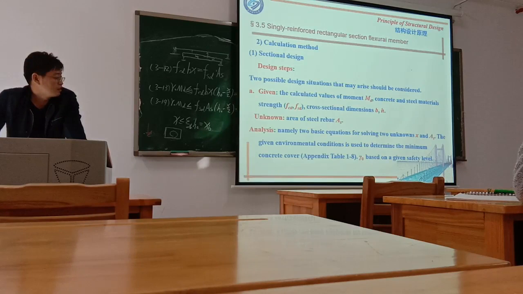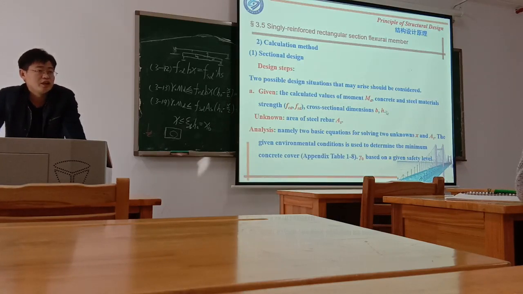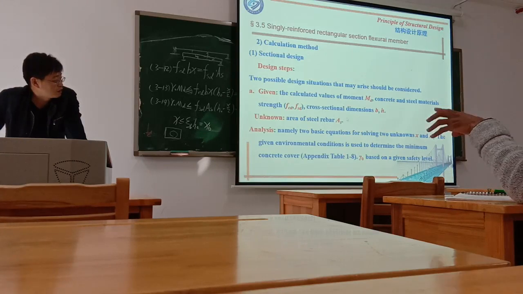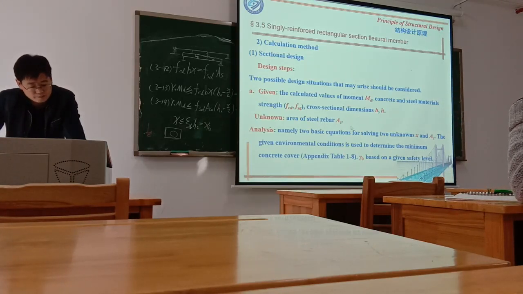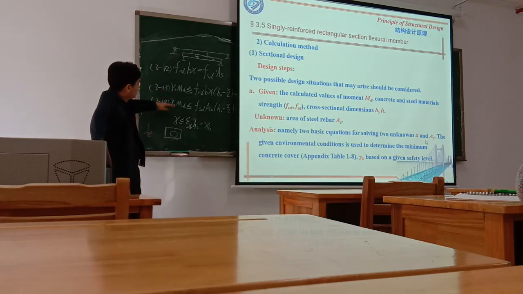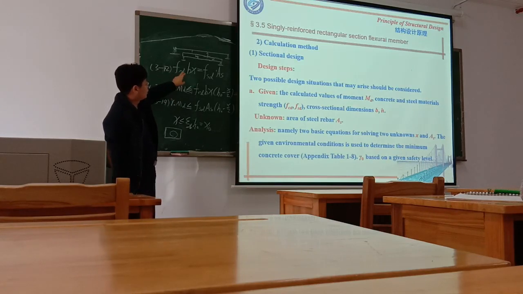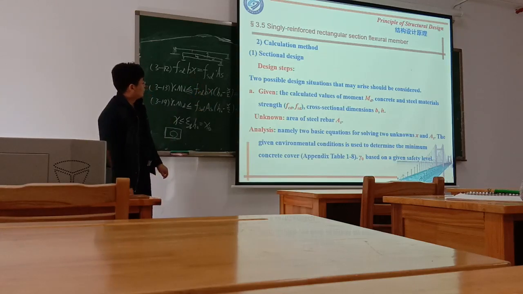So this is the most simple situation. But in most situations, the dimension isn't given to you. You should design the dimension. Sometimes we will give you the dimension and just ask you to calculate the As. For this situation, there are two basic equations for two unknowns, x and As. Because here, see these formulas, everything is given: b, fcd, fsd are all known.